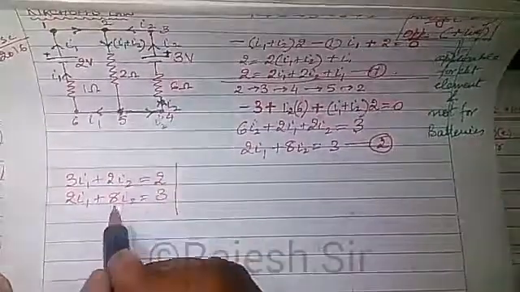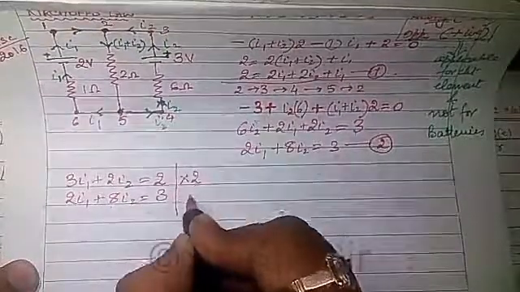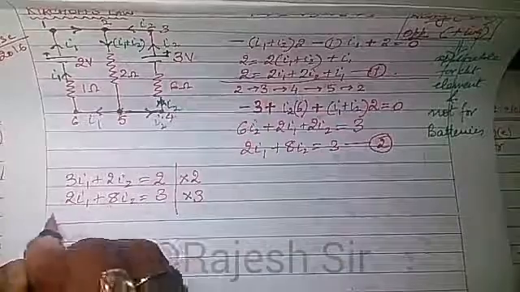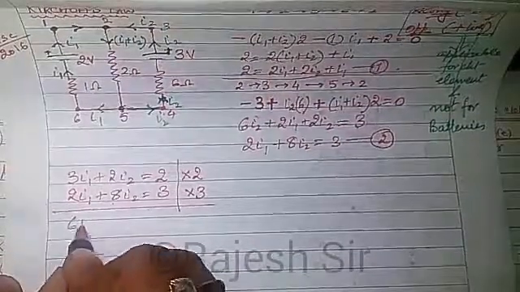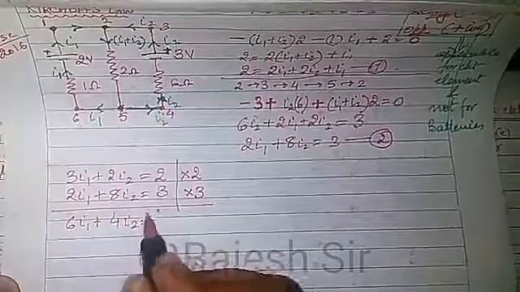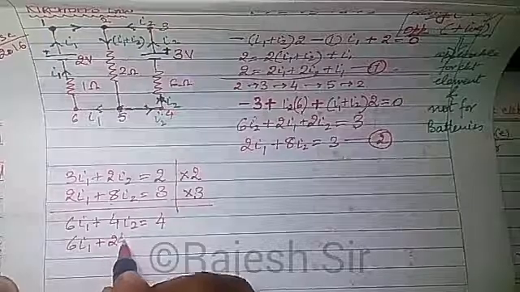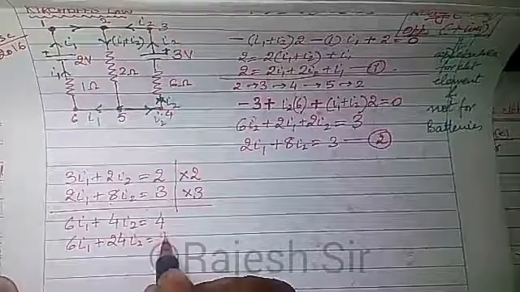Solve it simultaneously. For i2, I am going to multiply the first equation by 2, and the second by 3. So 3 2s are 6i1 plus 2 2s are 4i2 is equals to 2 2s are 4, and 3 2s are 6i1 plus 8 3s are 24i2 is equals to 3 3s are 9.